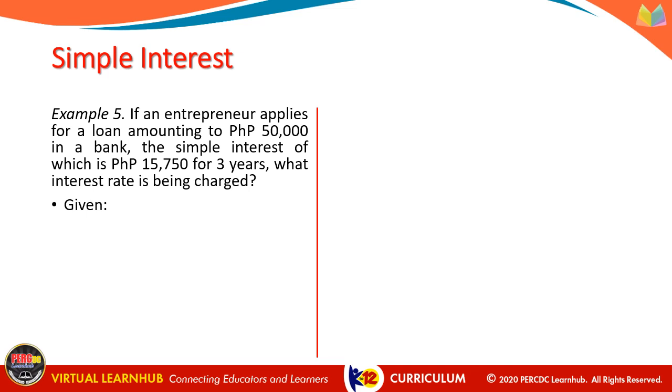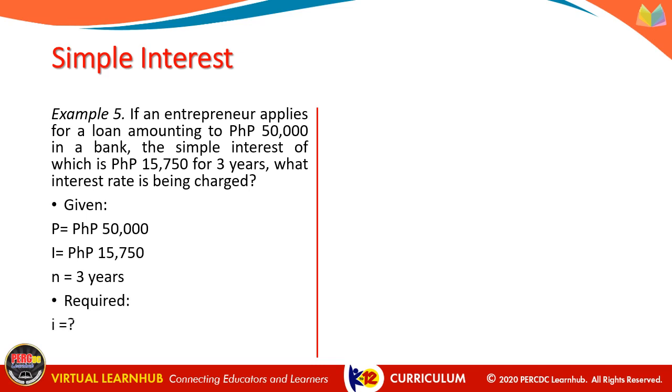We are given the following: principal or present value 50,000 pesos, interest earned 15,750 pesos, and period N is equal to 3 years. We are required to solve for the interest rate I.